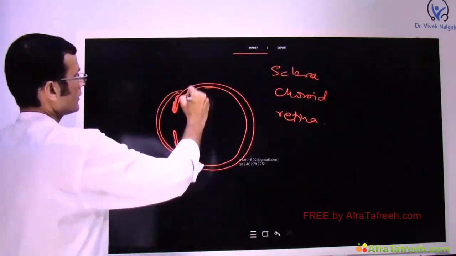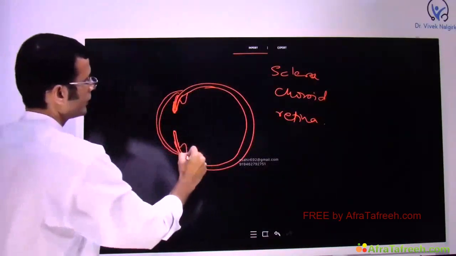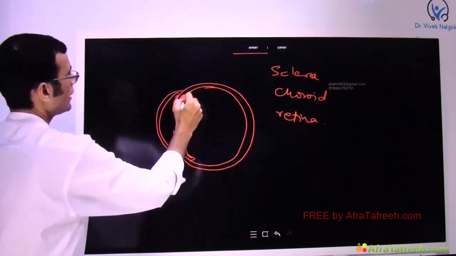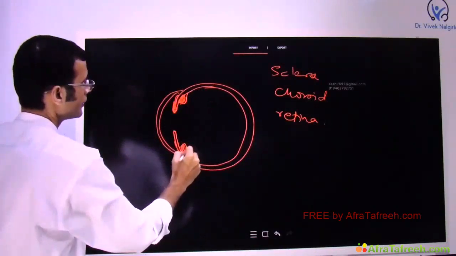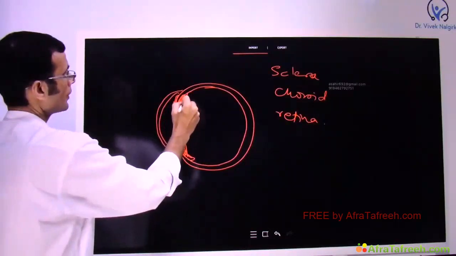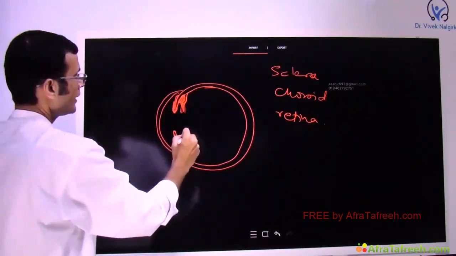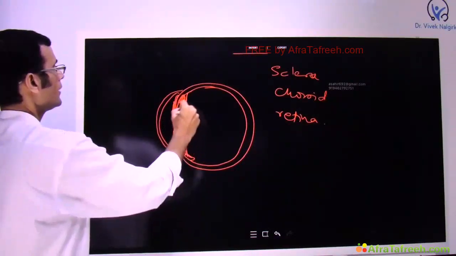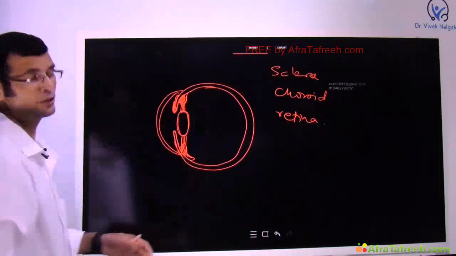The iris is also associated with the ciliary body and ciliary muscle, which have the suspensory ligament that suspends the crystalline lens of the eye.